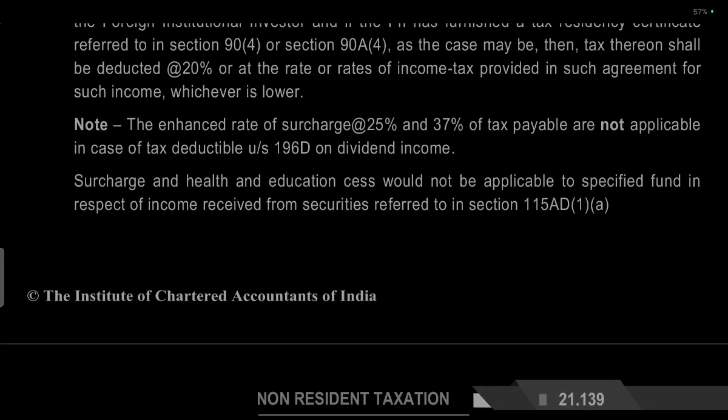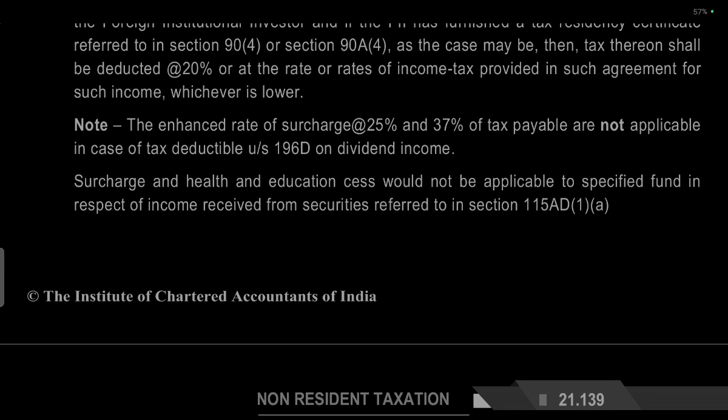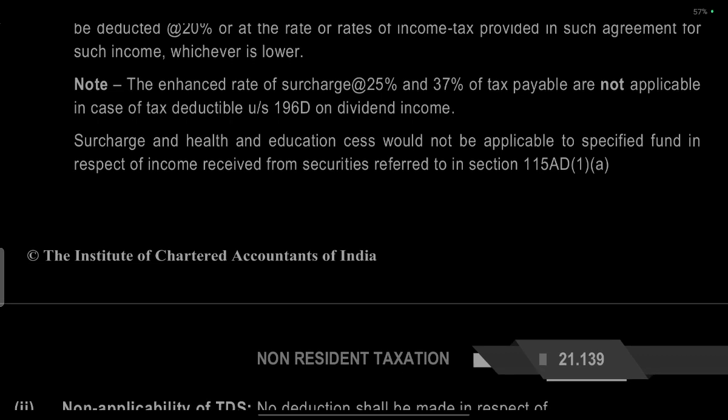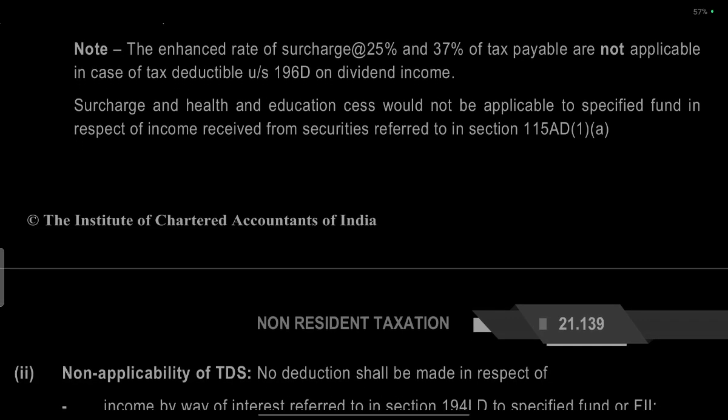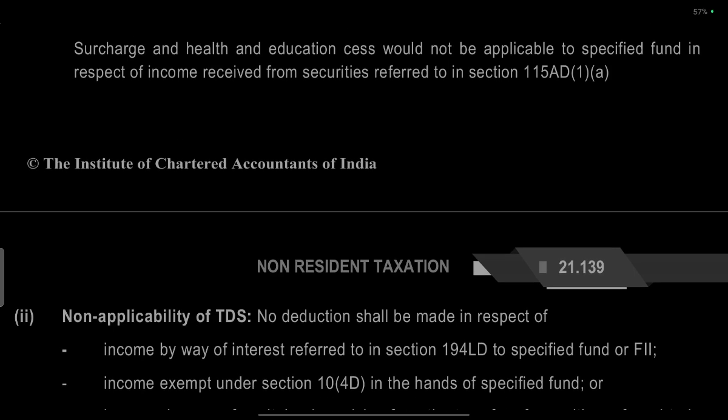Enhanced surcharge rates of 25% or 37% are not applicable in case of tax deductible under 196D. Surcharge and health and education cess would not be applicable to a specified fund in respect of income received from securities referred to in section 115AD.